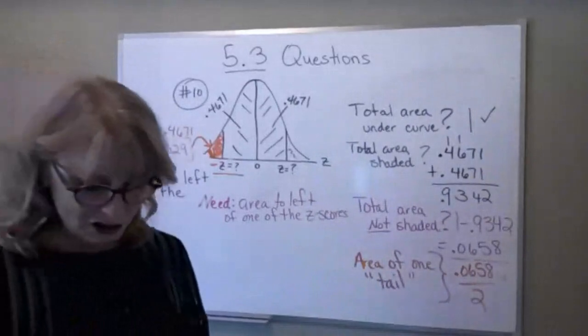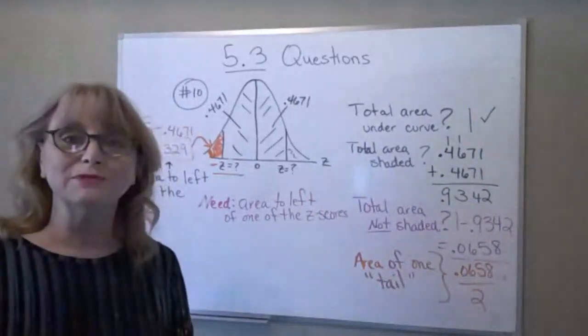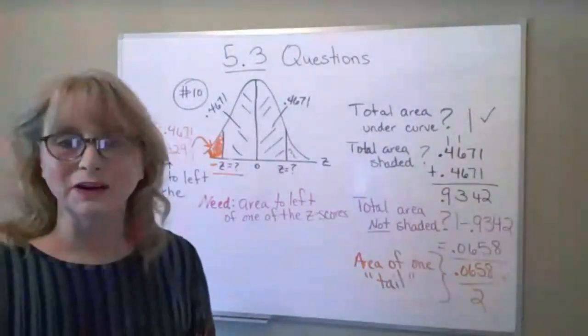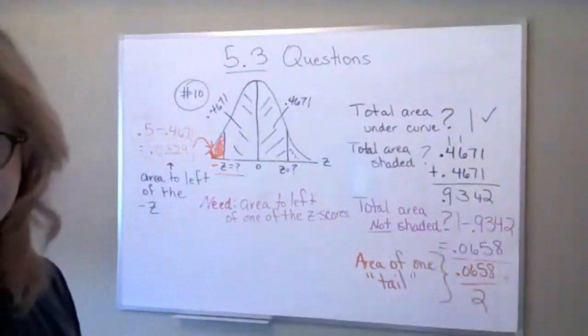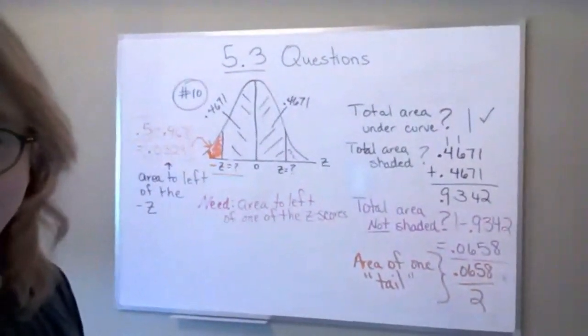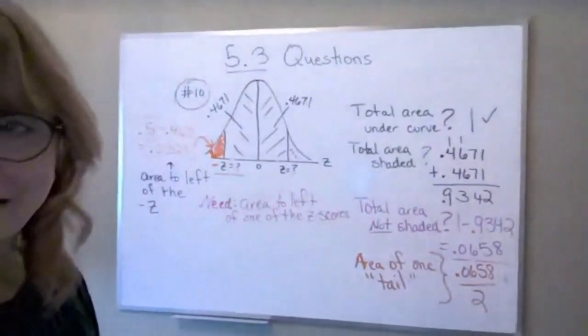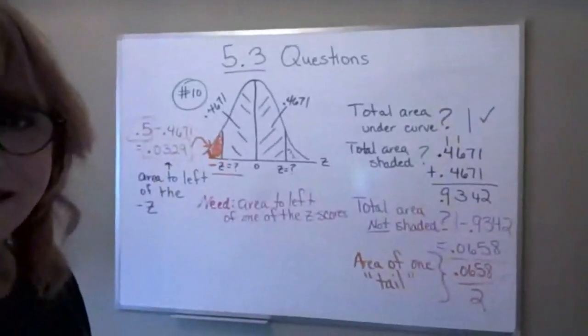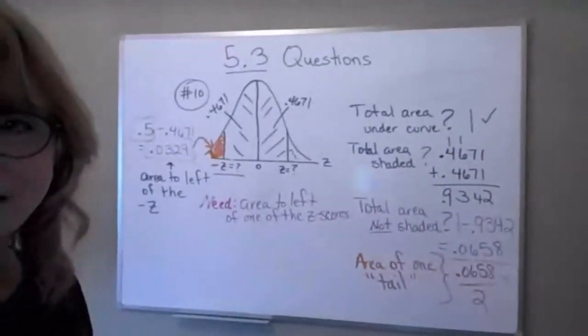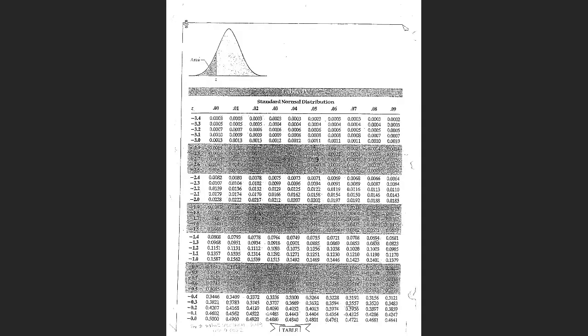Interestingly, every z-score I've tried to look up so far, the area to the left has been in the gray part. Let's see if that's going to continue here. So I'm looking up, this is the negative side because I'm going to look up that negative z. I just determined the area to the left is 0.0329.